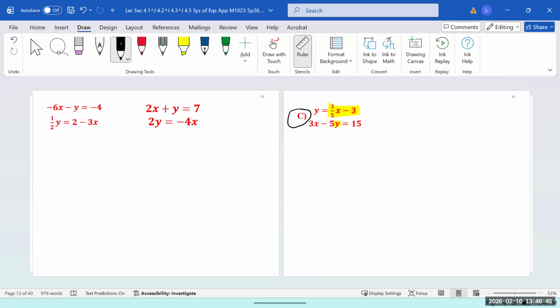I canceled both this 5 and this 5 with the 3. You cannot do that until you distribute. So for multiplication, you need to distribute. This entire thing is multiplying by 5. So distribute the 5 here and distribute the 5 there.